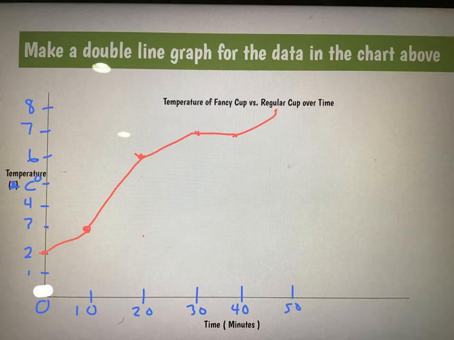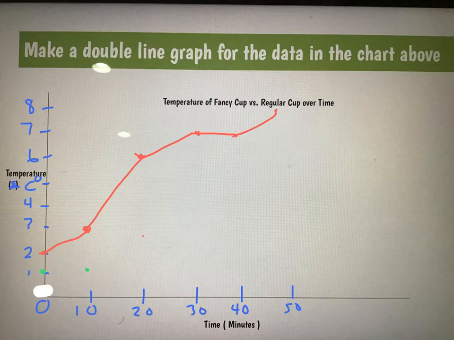So if we're using a double line graph, we're going to have to make a second graph that's going to represent the data for our regular cup. So let's say that our regular cup started at a temperature of 1 degree. So let's say it started right about here. And let's say at 10 minutes, it was also at 1 degree Celsius.